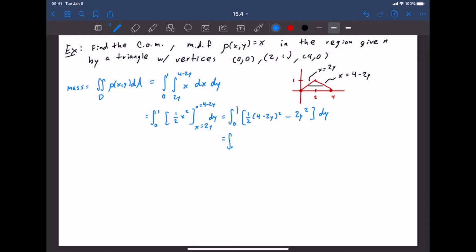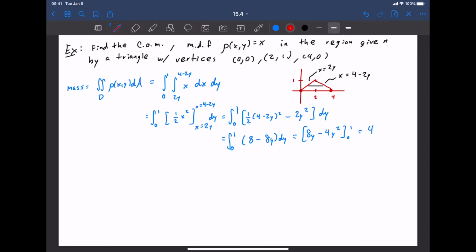If you simplify that, you should get 8y minus 4y squared after you integrate, which is of course the number 4. So that's the mass of this region, which is not, to be clear, the area, because the area of that triangle is 2.